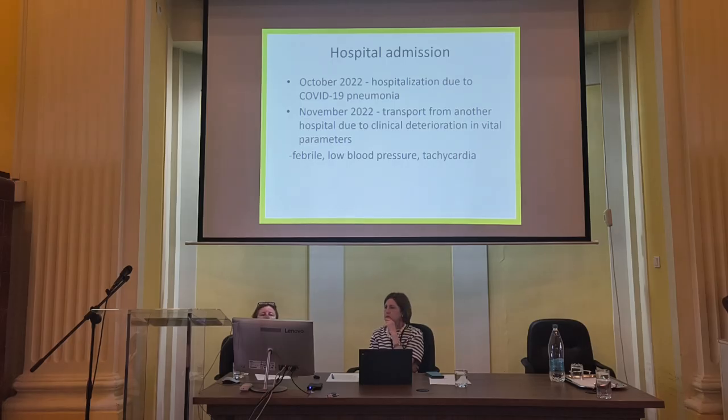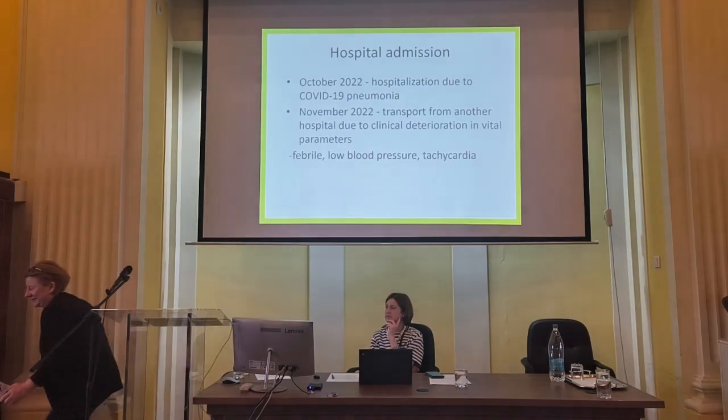So the patient had been previously treated for bilateral COVID-19 pneumonia in October 2022, and later developed secondary pneumonia and some heart issue, mild heart failure.